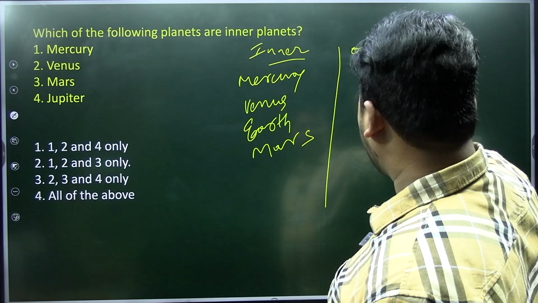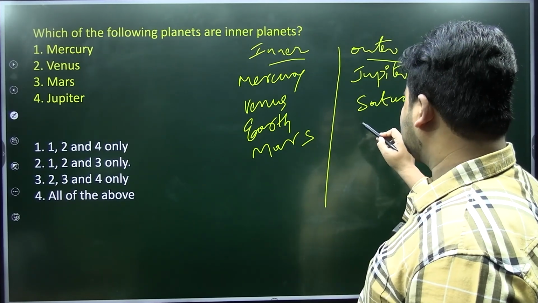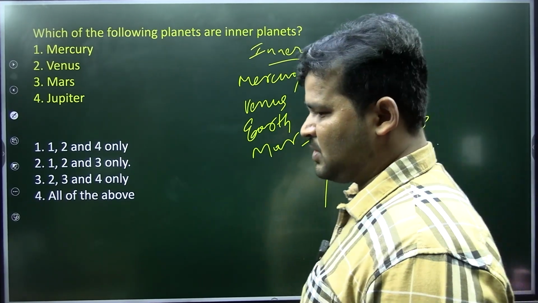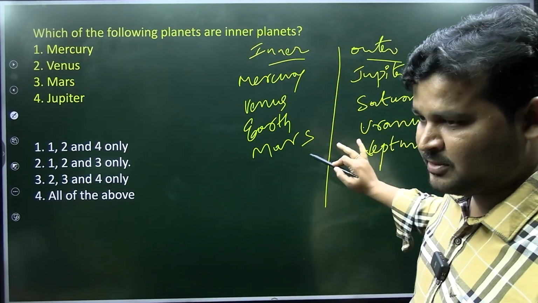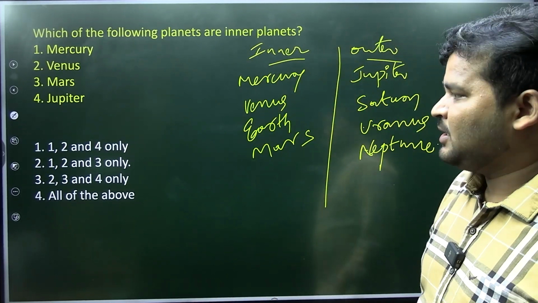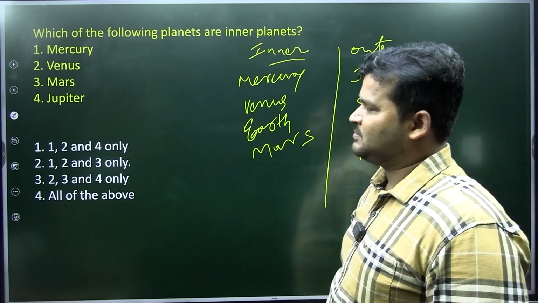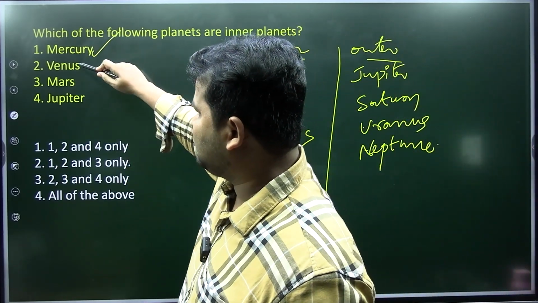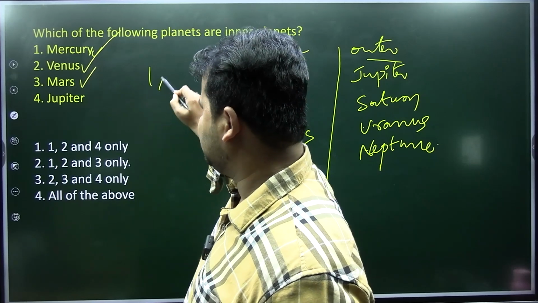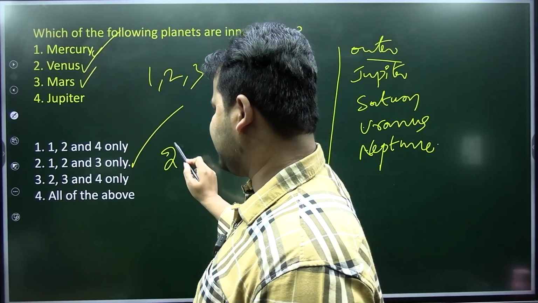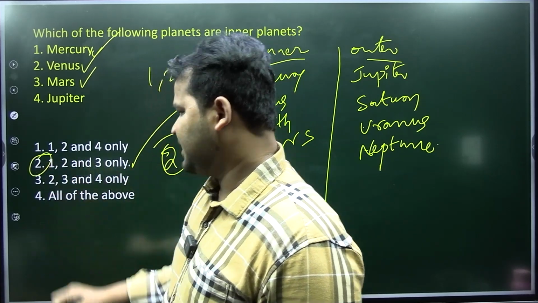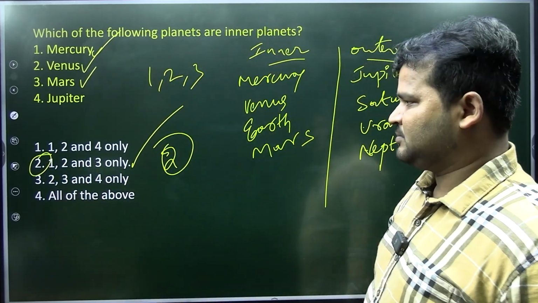Outer planets were Jupiter, Saturn, Uranus, and Neptune. So according to the information which I provided here, find out the correct options. So Mercury, Venus, and Mars. So 1, 2, 3 should be there. So 2 is the right one for this question.